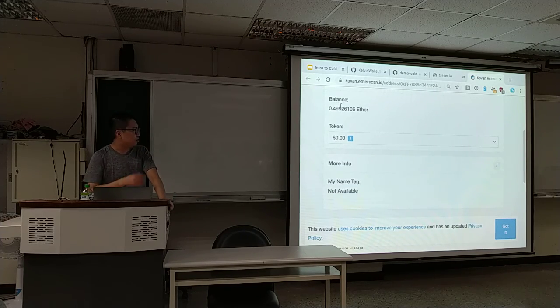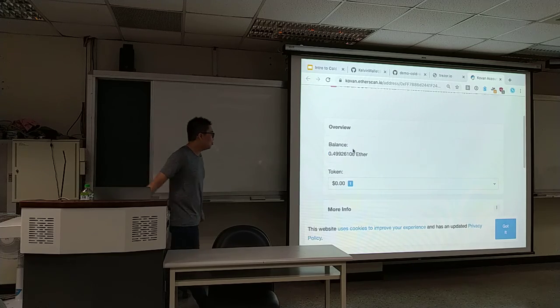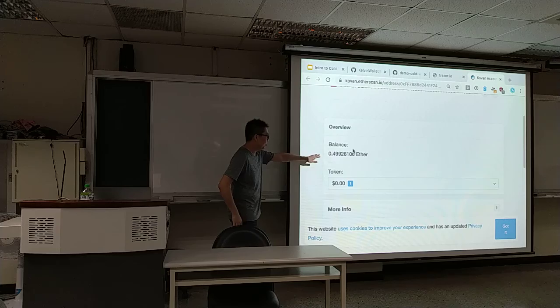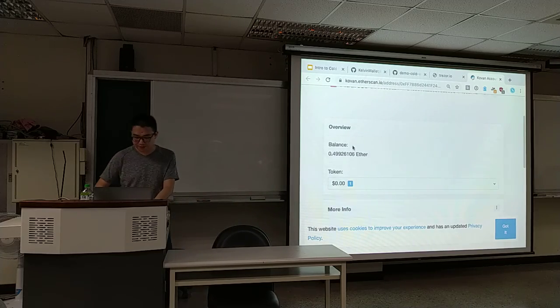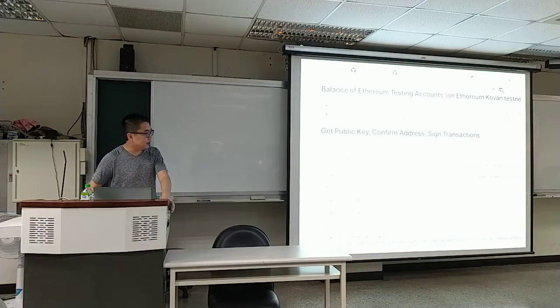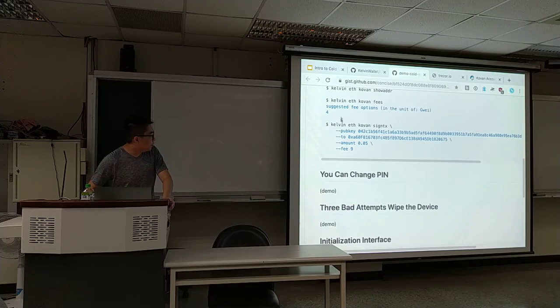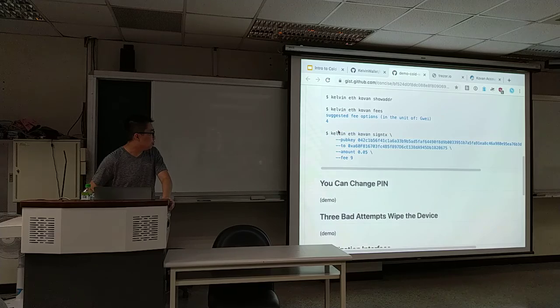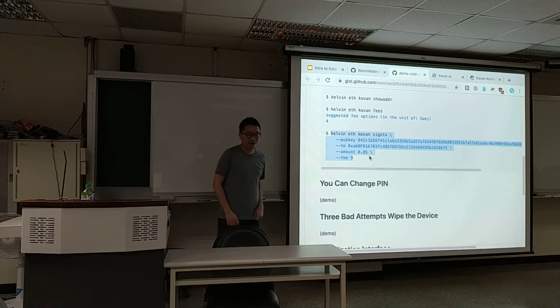So I can actually manipulate this account. Let's do a simple transaction. Maybe I want to send 0.1 Ether to another address. To do that, I have prepared some test script. In order to actually sign a transaction, we need to call the Kelvin tool with this argument.